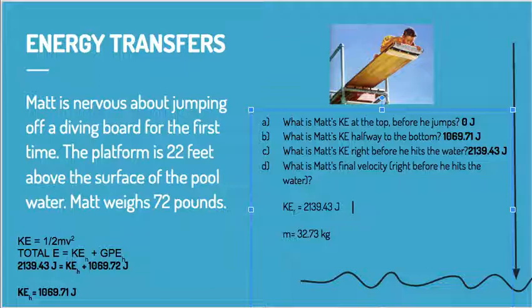So the equation for velocity is the square root of 2 times the kinetic energy over mass. And you have to take the square root of the entire fraction.